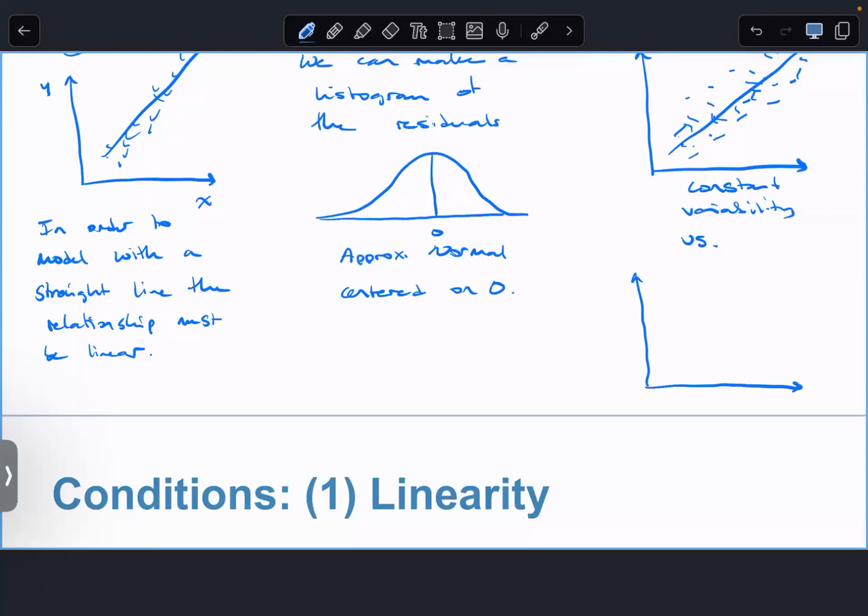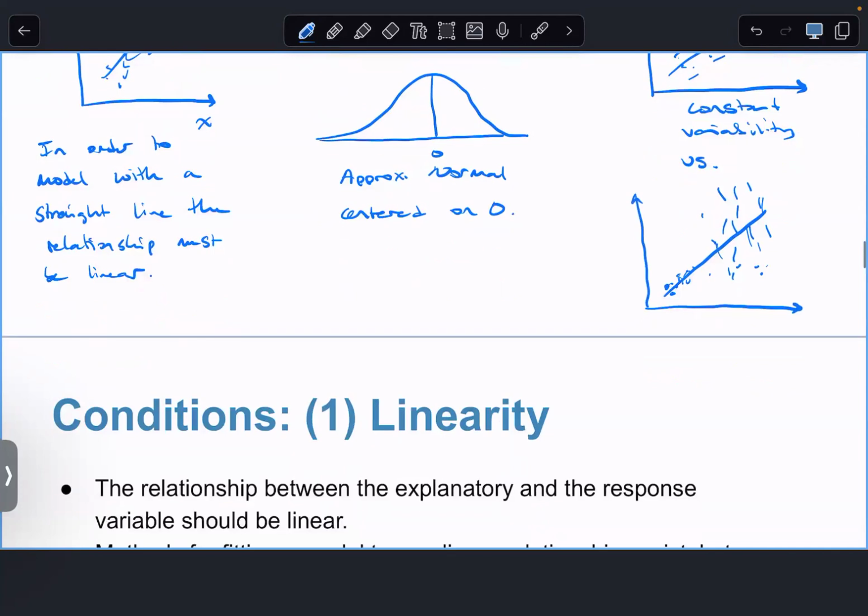Versus if I have something that looks like this, non-constant variability.